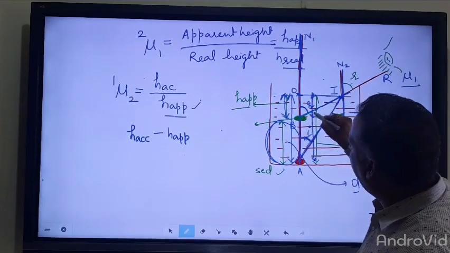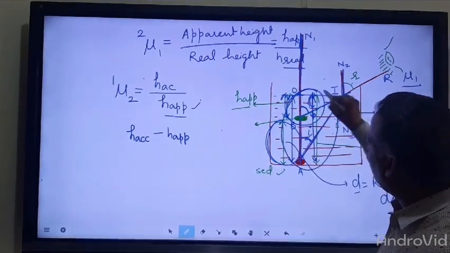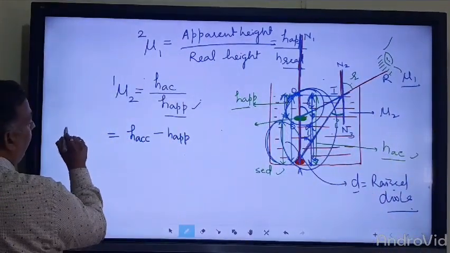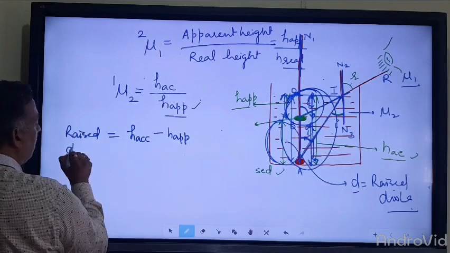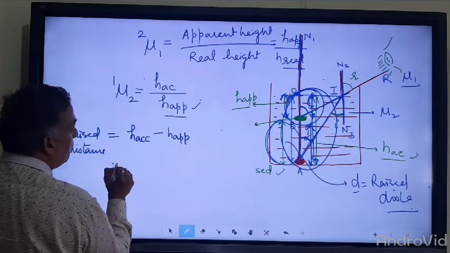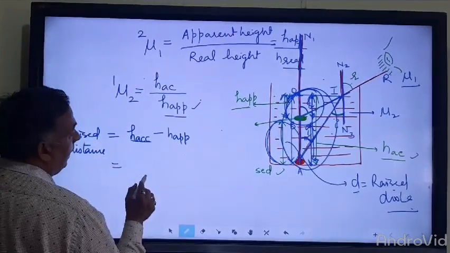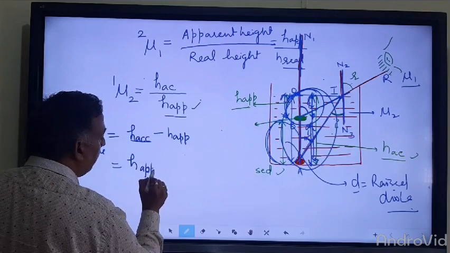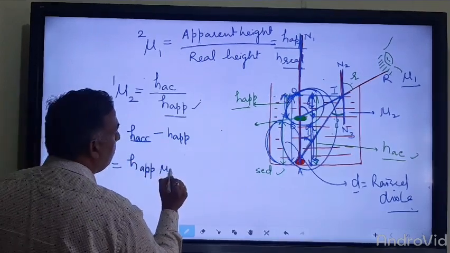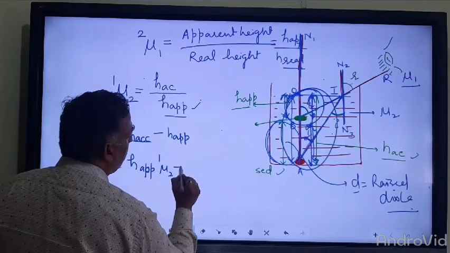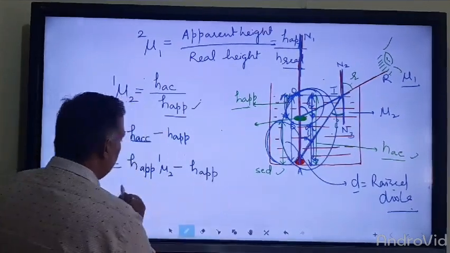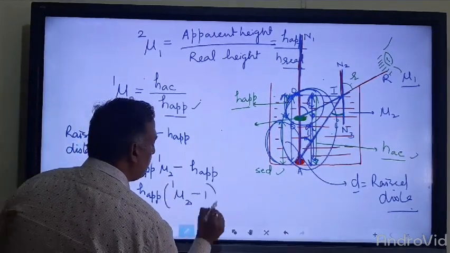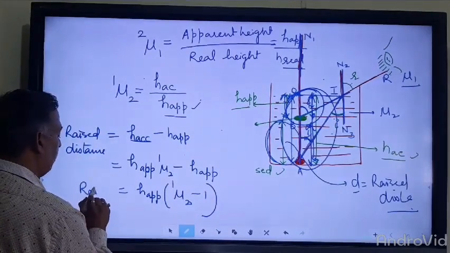I subtract this apparent from actual, and then this distance comes to be the raised distance. So actual is h apparent into the refractive index of 2 with respect to 1, minus h apparent.